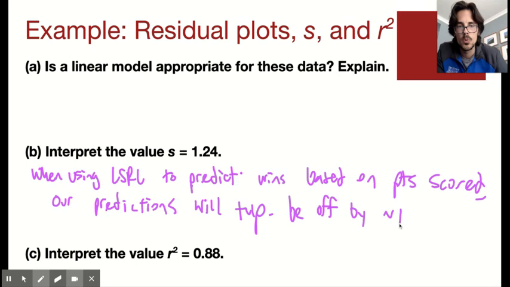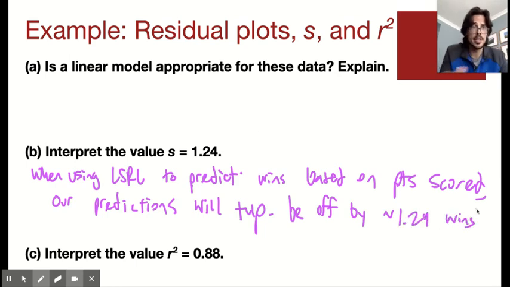You need that extra context of when you have X and Y and you're predicting Y based on X. If you just say, oh, we're off by 1.24 wins, that won't be good enough for full credit. So learn the script, but that is basically what S is telling you.